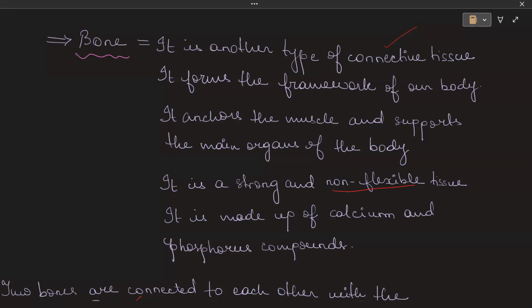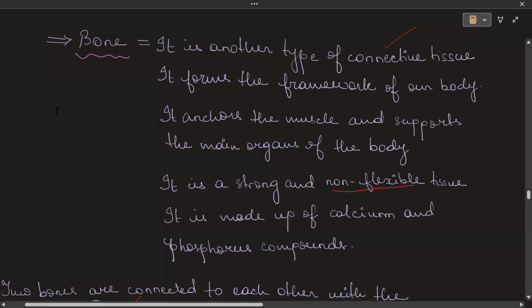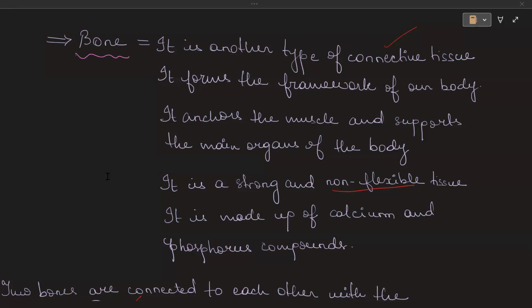That is why sometimes because of a fall or because of wrongly bending, we get a fracture in the bone, right? Is there anyone in the class who has had a fracture? No, ma'am. I have, on my arm.